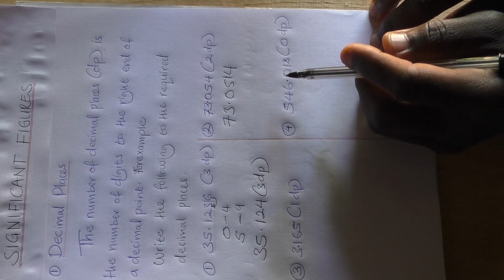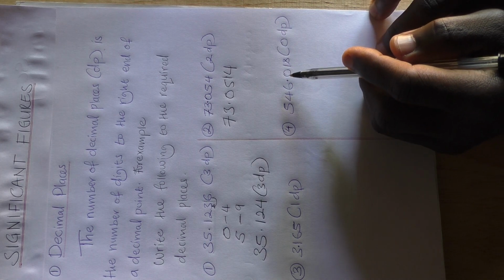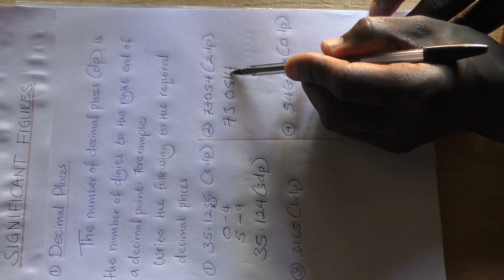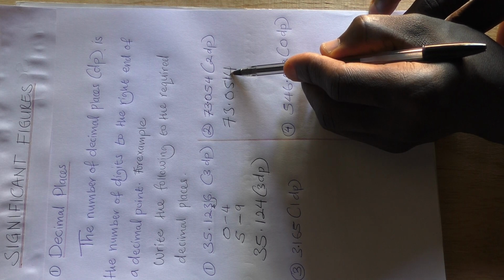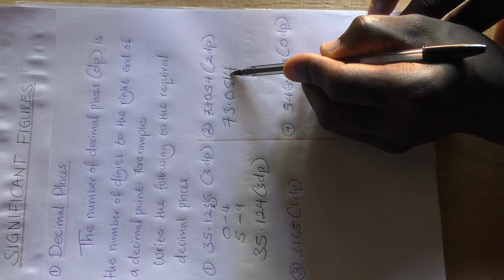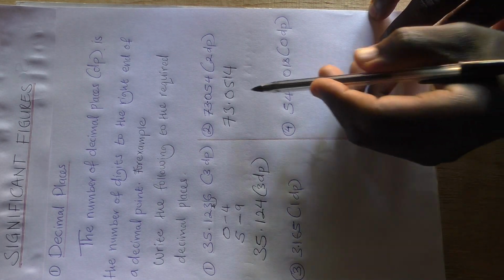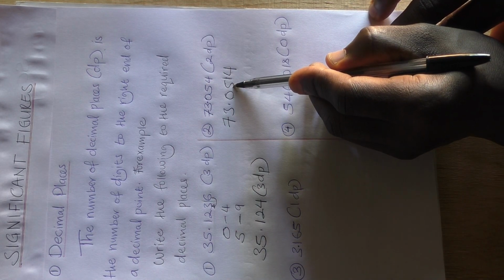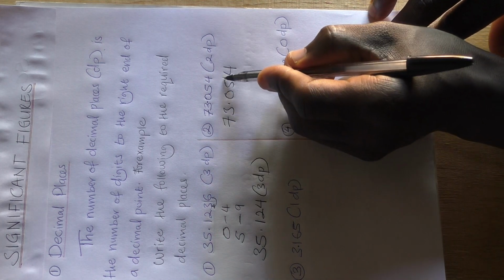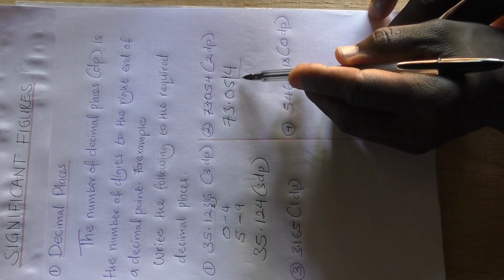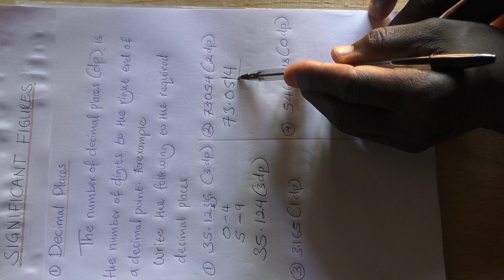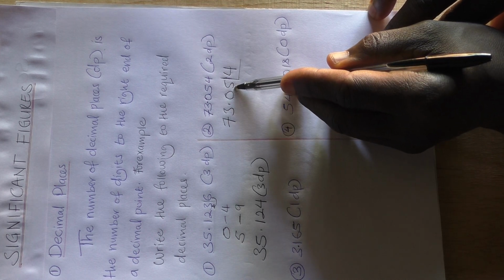But the principle is, if this 3rd digit we want to remove is from 0 to 4, then we add a 0 to our 2nd digit. If it is from 5 to 9, we add a 1 to our 2nd digit.